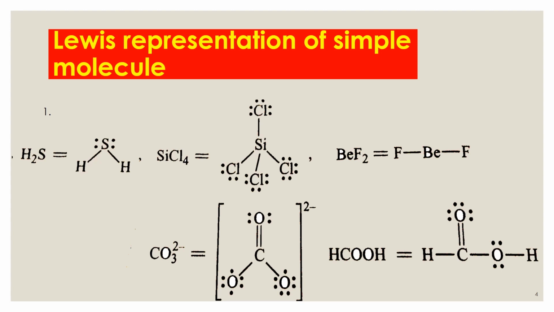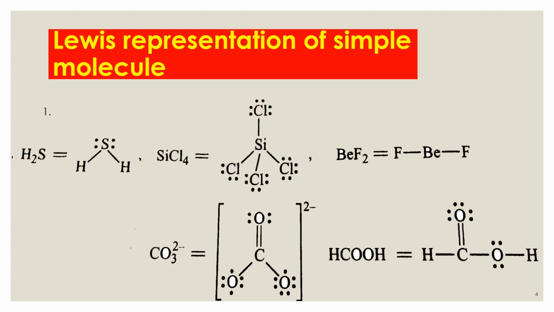Here I am giving you Lewis dot structures for molecules. Count the number of electrons around every atom in the molecule. Some electrons are in bonds and some electrons are in dots.